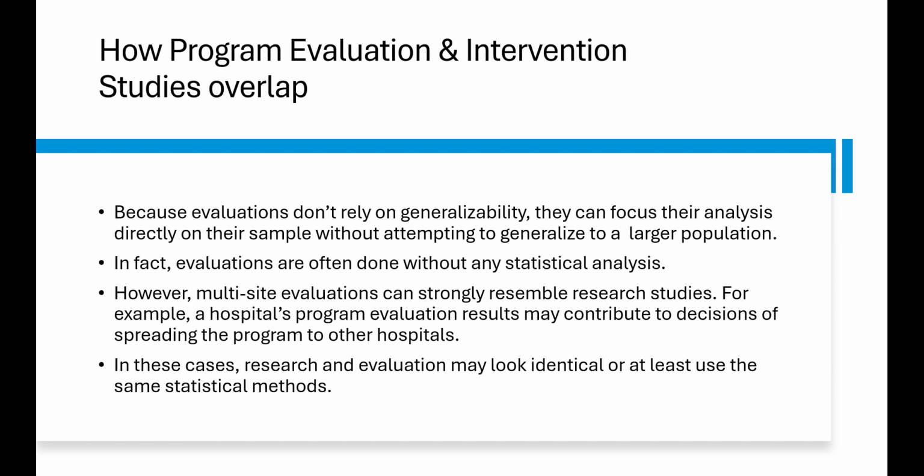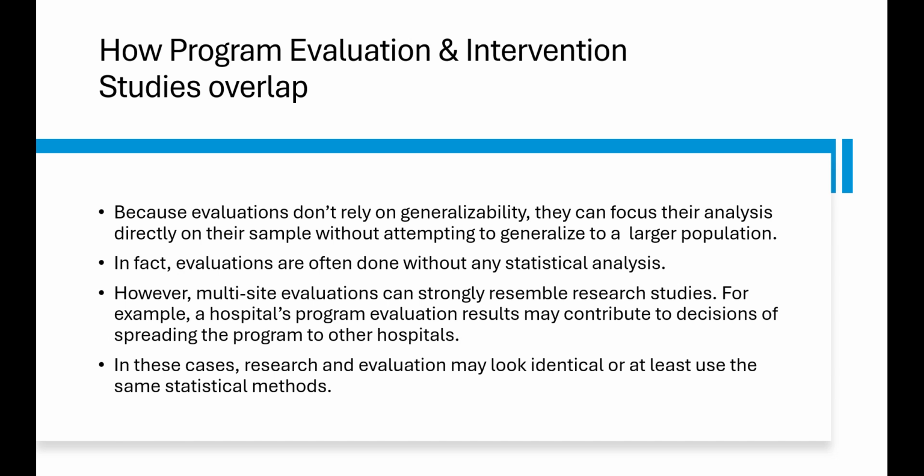But if you're in a hospital system that has many hospitals, the most efficient way to gather information on whether a program should be spread to other hospitals is to first introduce that program, usually in a hospital that is in most need of the program, and then determine how well it works there, and then try to generalize to the larger hospital system to help answer that question: can we use this in different hospitals? Is it a good idea?